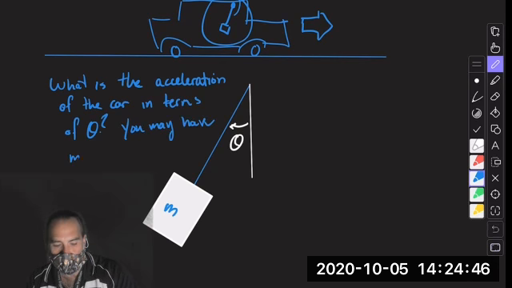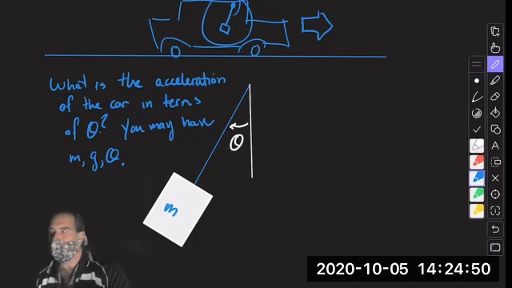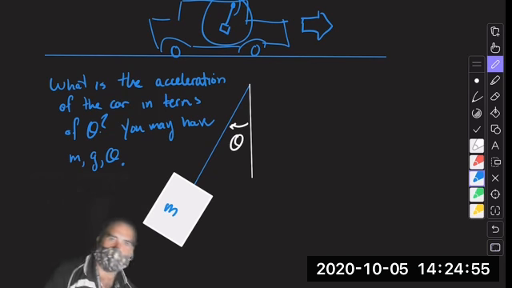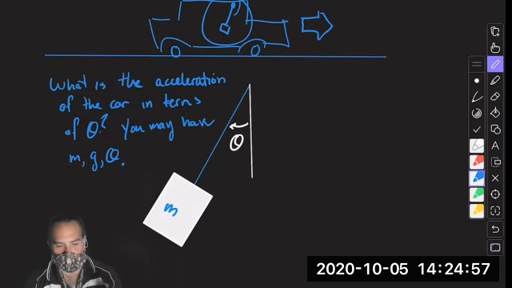I'll let you have m, g, and theta in your answer. Try this one. Not a whole lot different than the last one. I want the acceleration of the vehicle in terms of the angle.